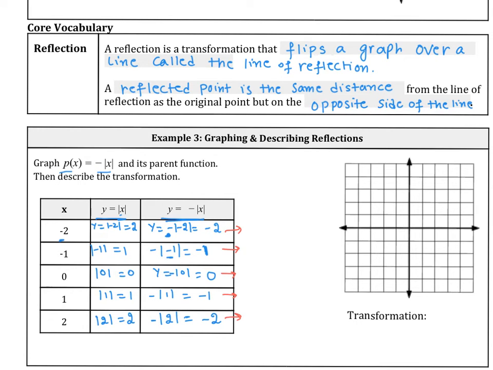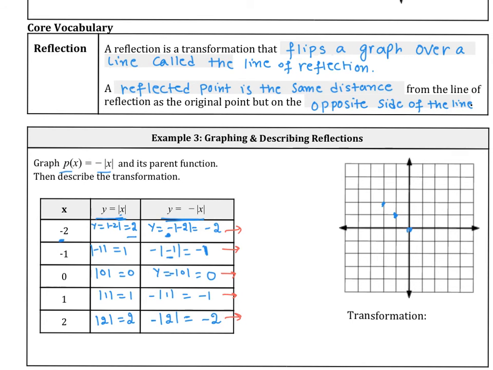So for graphing, I'm using these points for absolute value of x. I'm using the blue color for that. So (-2, 2) would be the point that is right here. (-1, 1) would be the point that is right here. (0, 0) is the third point.